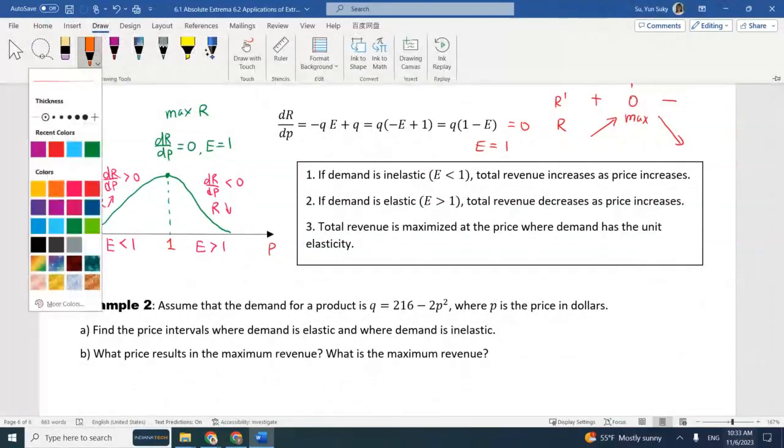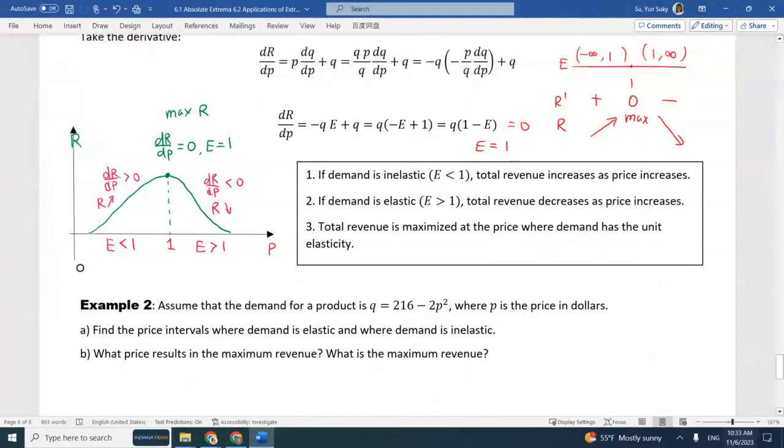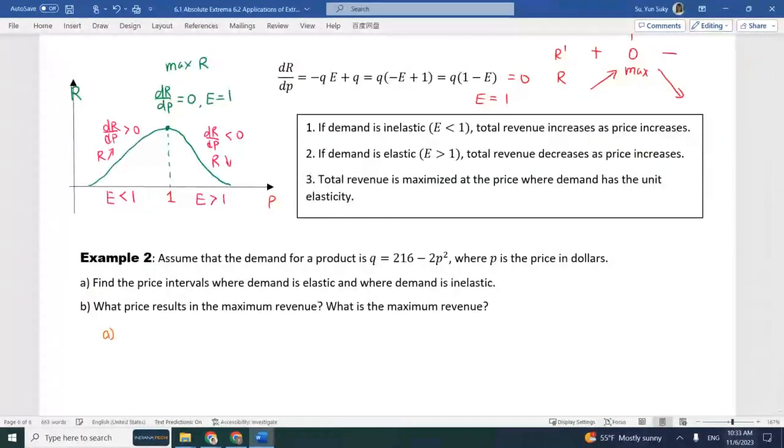All right, so E is negative. This is how I remember. Your Q is a function of P, right? So you always take the derivative of Q with respect to P, right? And then this fraction, you flip the P and Q. So this is Q over P, then here you get P over Q. Is that okay, everybody?